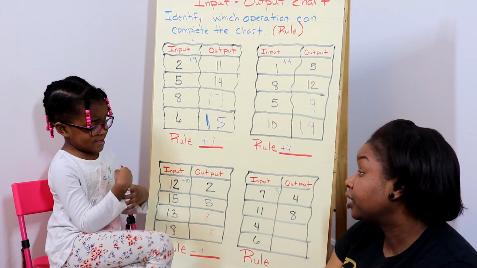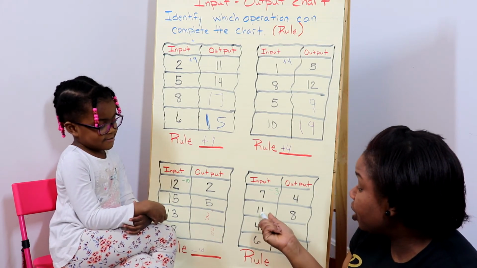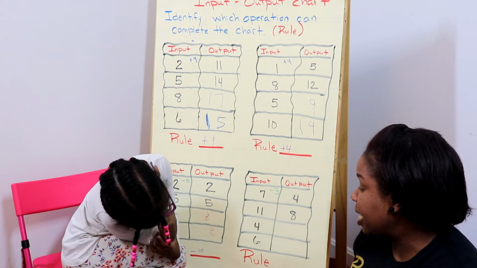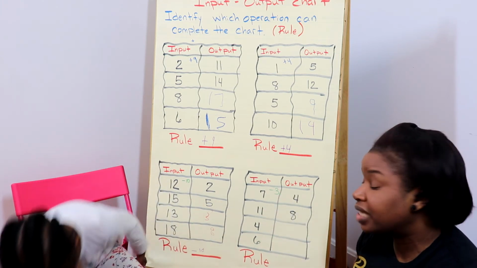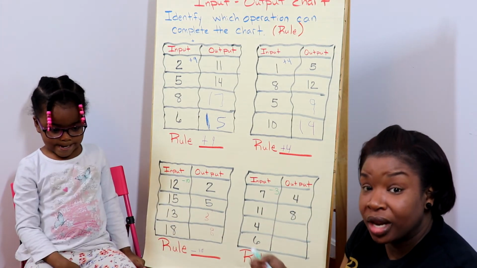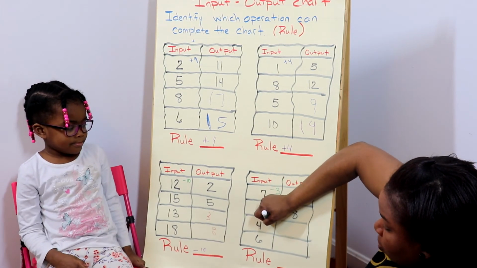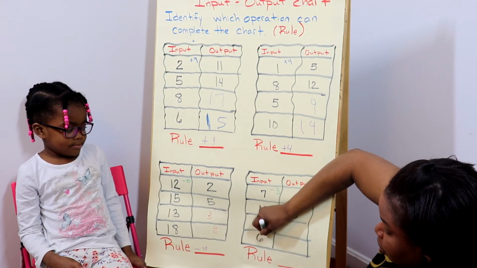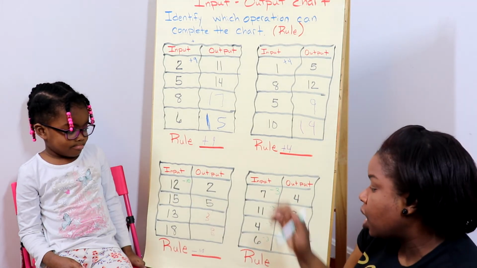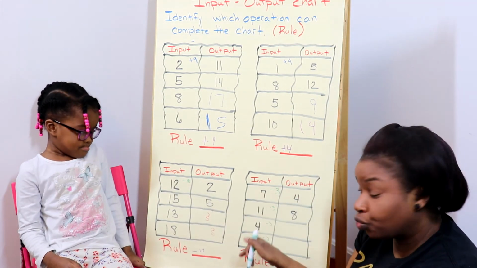So does it work? It did work. You took 3 away, 11 take away 3, and you got 8. So yes, 11 take away 3 is 8. If you would like, you can also put the rule down inside each box. So minus 3, minus 3, minus 3. That way it'll help you remember the rule.